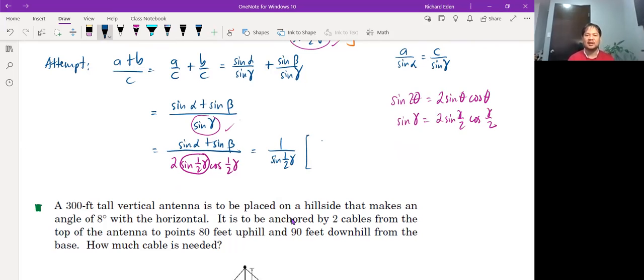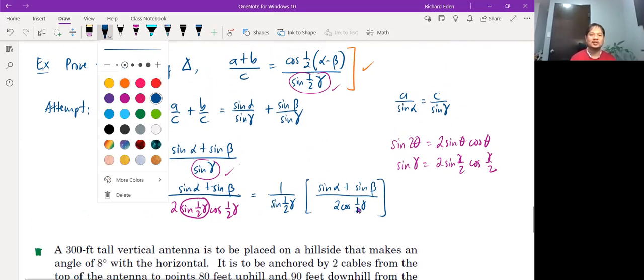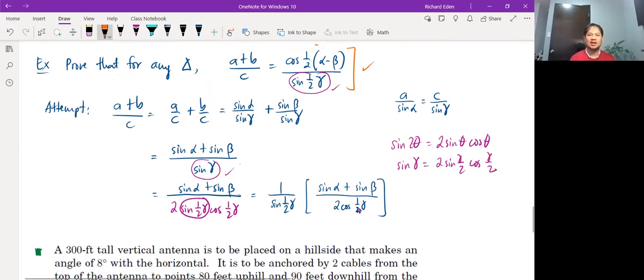So we have sine of alpha plus sine of beta over 2 cosine 1/2 gamma. So that at least when you compare it with the target, we see what the goal is. Cosine half of alpha minus beta, paano natin palalabasin that is equal to that?